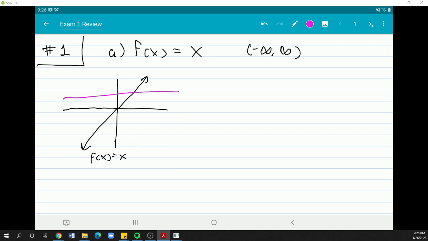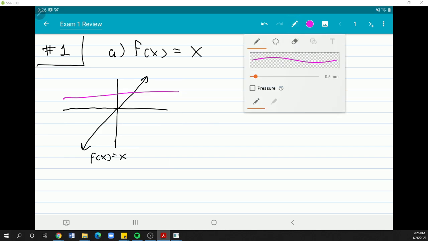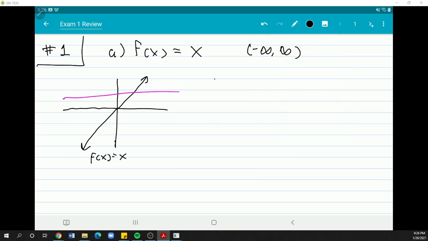So therefore, the function is one-to-one. f of x passes the horizontal line test, and is therefore one-to-one.